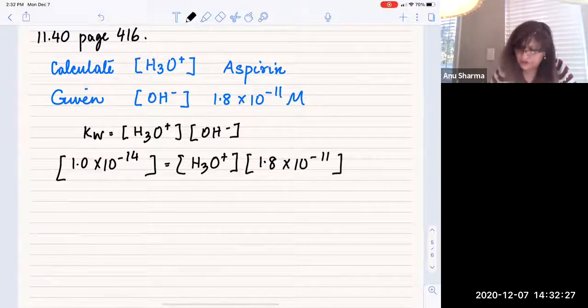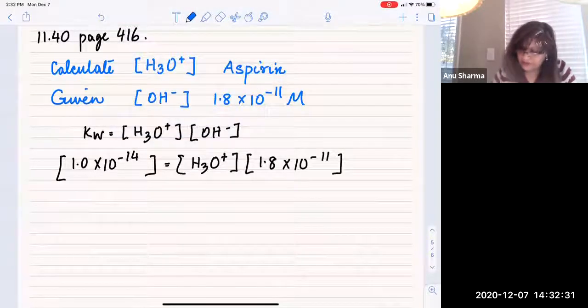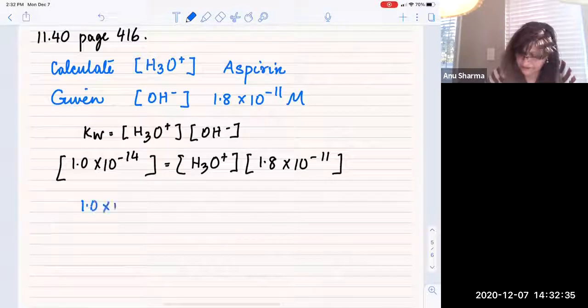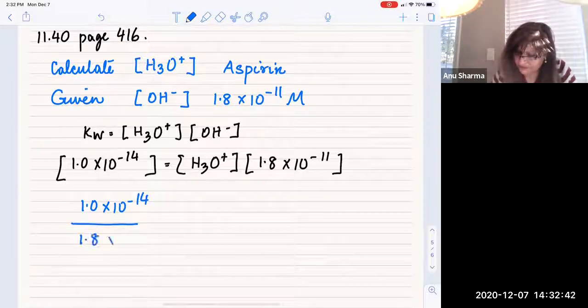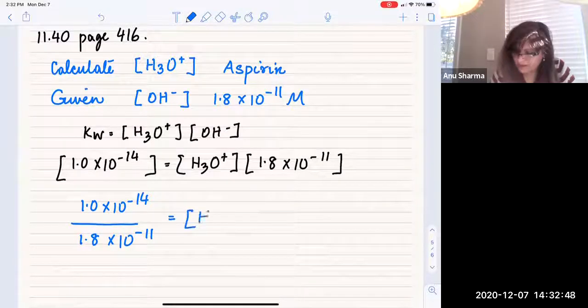Okay, so you will have to use a calculator now, or you can do it manually. So here's the thing: 1.0 times 10 to the power negative 14 divided by 1.8 times 10 to the power negative 11 is equal to the hydronium ion concentration.